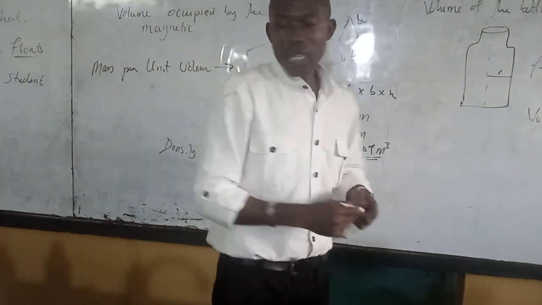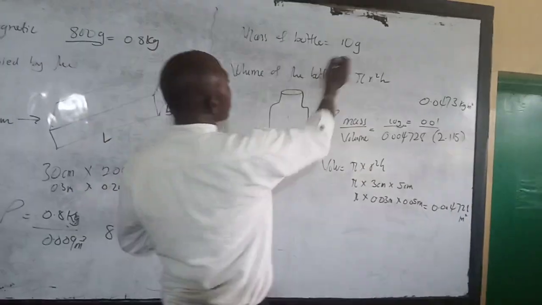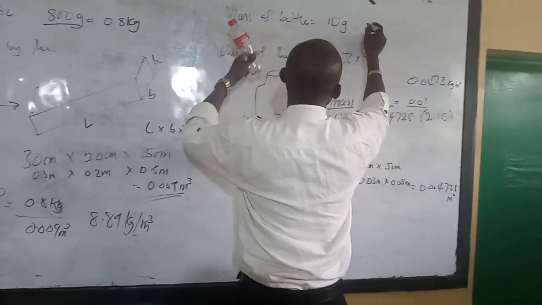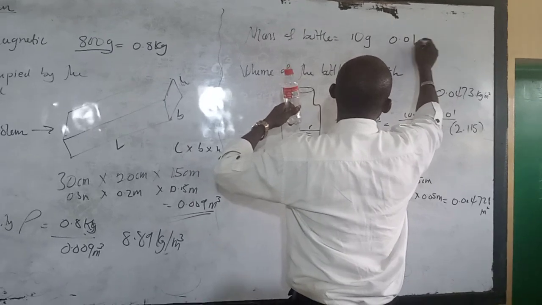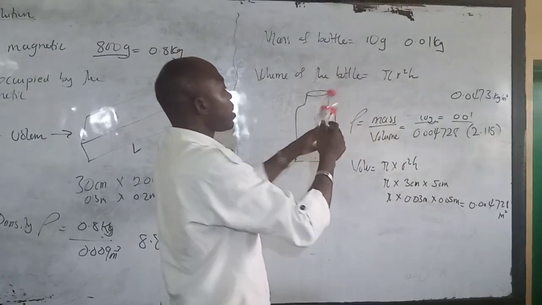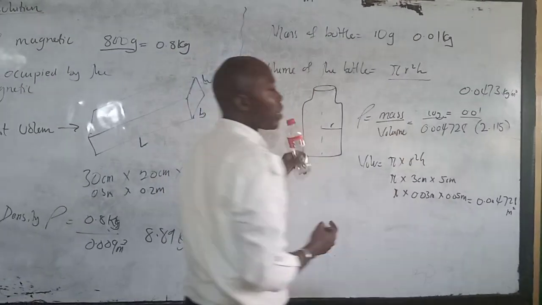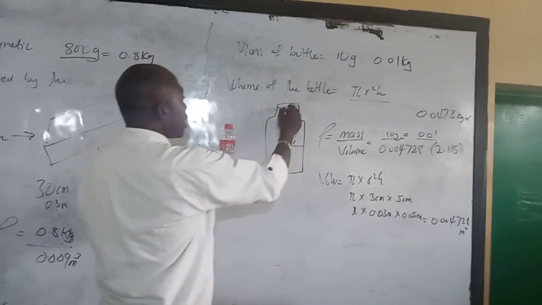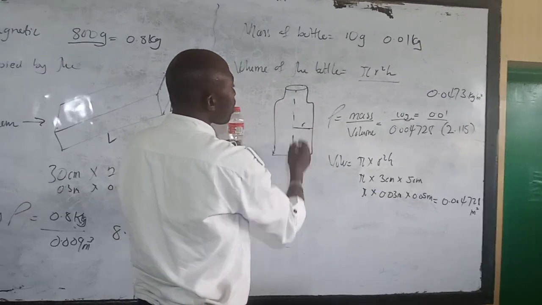Now let's come to the mass of the bottle. Assuming that the mass of the empty bottle was what? 10 grams. Since it's not heavy, it is 0.01 kilogram, and the volume occupied by a cylindrical object is pi r squared h. Since it's like a cylinder, this is how you will get it. This is the radius, this is pi.